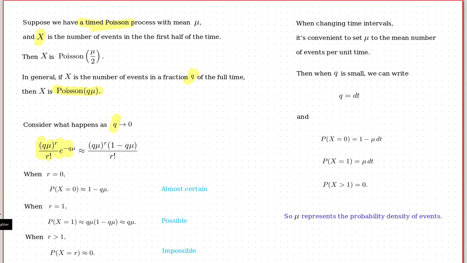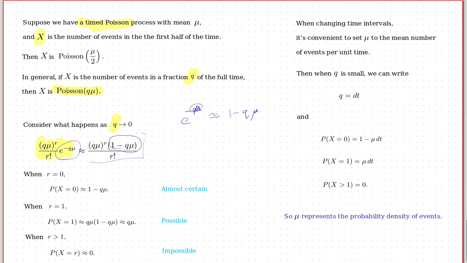Earlier I pointed out that for example, e to the minus q mu, if q is small, then minus q mu would be also very small, and therefore this would be approximately 1 minus q mu. And I'm using that here, so I'm saying e to the minus q mu is approximately equal to 1 minus q mu. Okay, so I'm making that change.